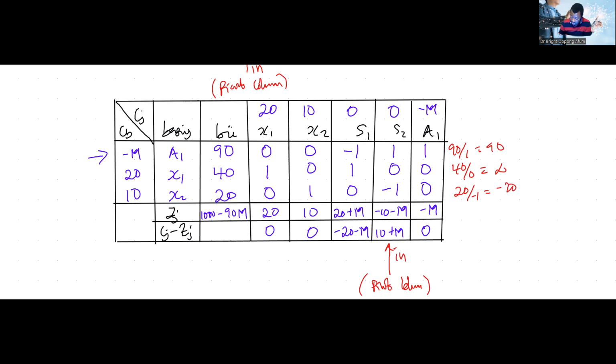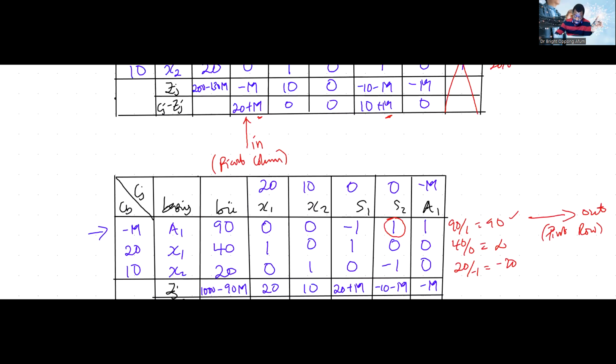So which one is the least positive value? That is this row, the first constraint. So therefore, this one goes out, and that's the pivot row. All right, and therefore, this is our pivot number. So S2 is going in solution to replace A1.